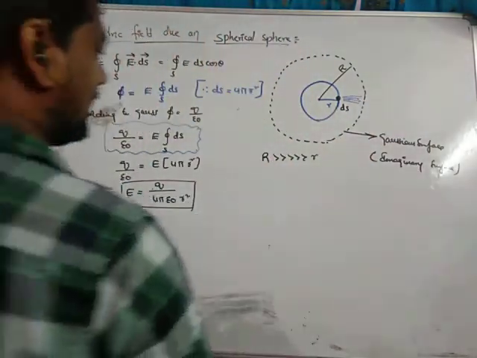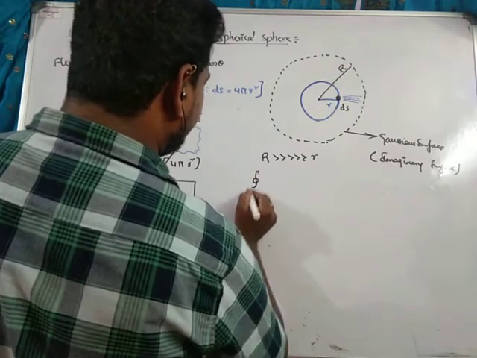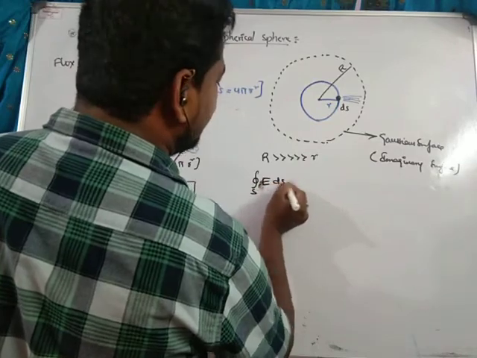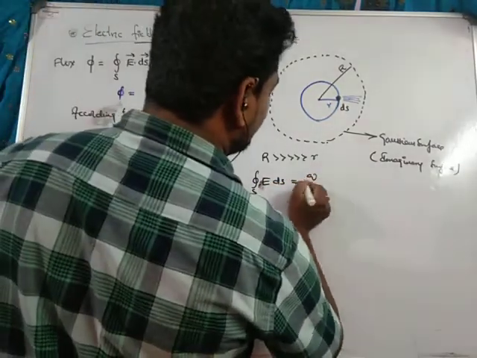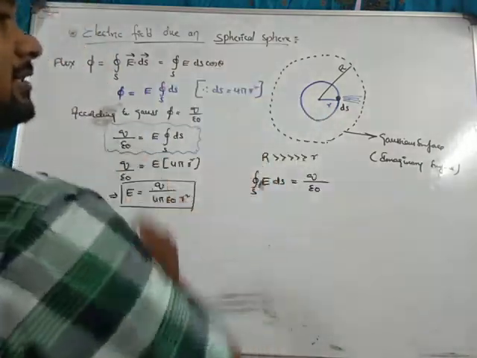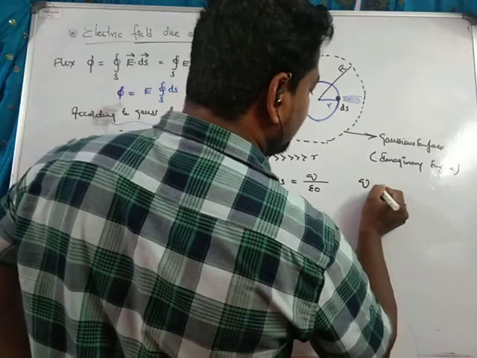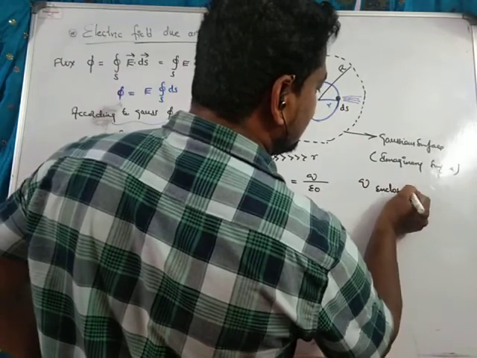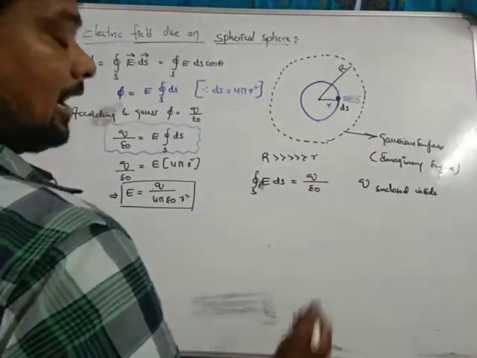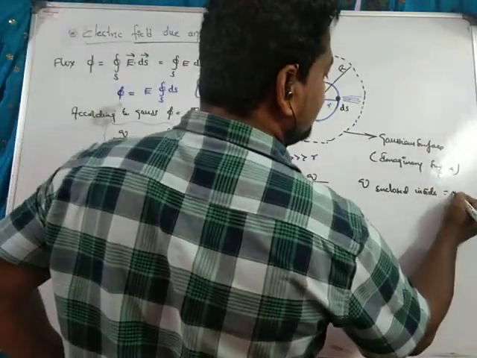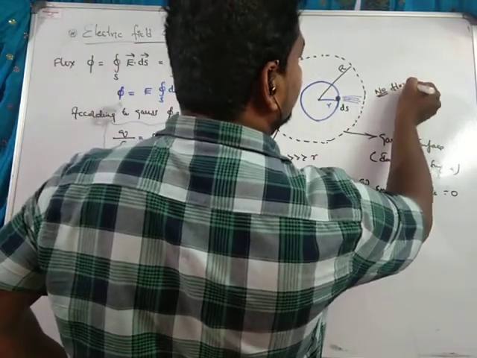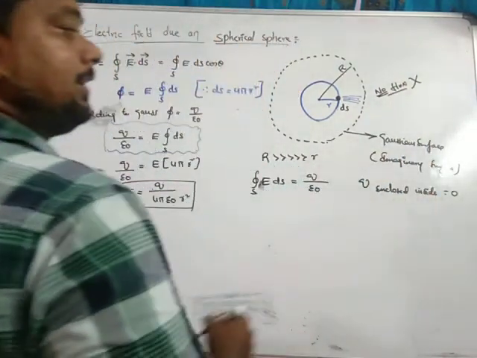So according to the above expression, the integration of E ds is equal to q by epsilon naught. Whatever the charge, it is enclosed inside. But when the charge is enclosed inside, the net value will be equal to 0, because there is no flux at the end.